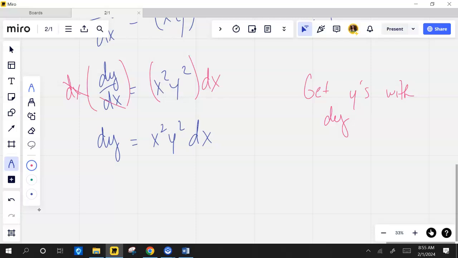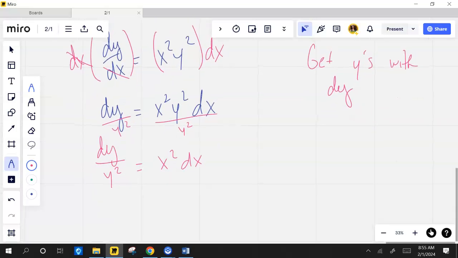So if I need to move this y squared, divide it by y squared, right? Why do we want the y? Because I'm going to integrate on both sides to get rid of the dy and the dx. So I get the y's with the dy, everything else on the other side, and then I integrate.